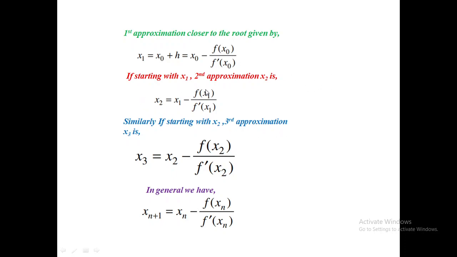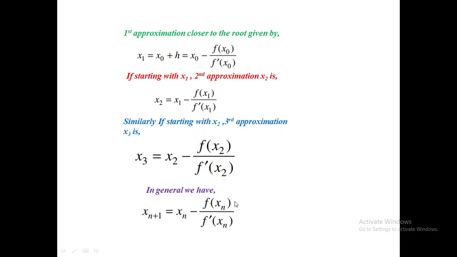If starting with x1, then the second approximation x2 is equal to x1 minus f of x1 divided by f dash of x1. Similarly, starting with x2, the third approximation x3 is equal to x2 minus f of x2 divided by f dash of x2. Then we have generalized that formula.